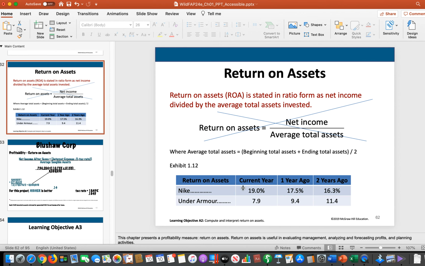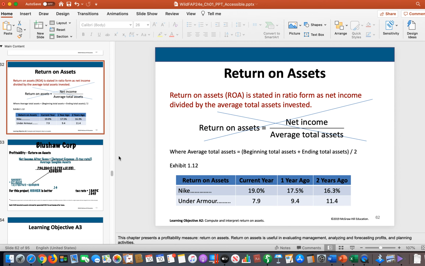So in other words, for Nike in the current year, you get a 19% return on assets. That means for every dollar invested in assets, 19 cents was returned as net income versus 7.9 cents for every dollar for Under Armour.